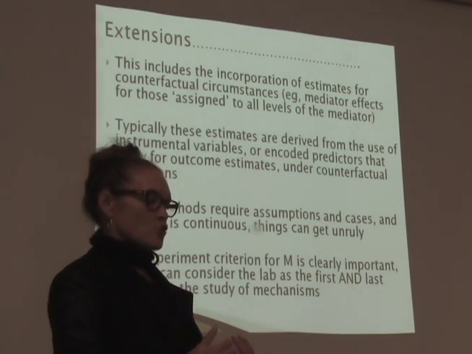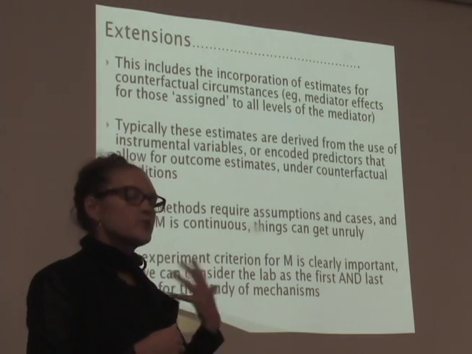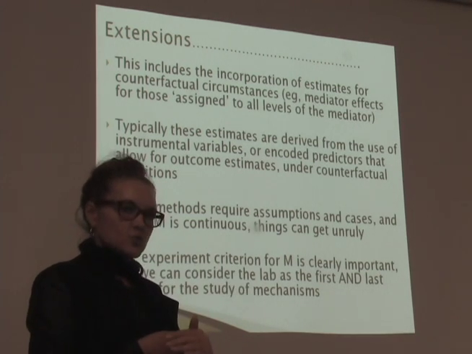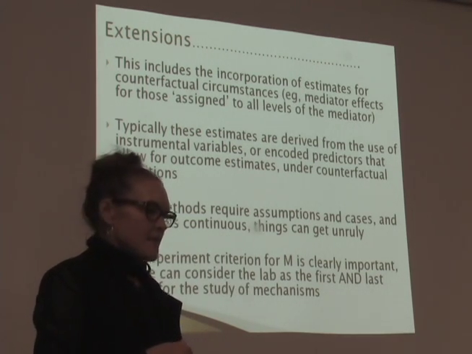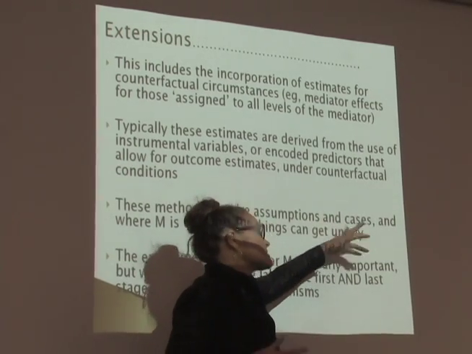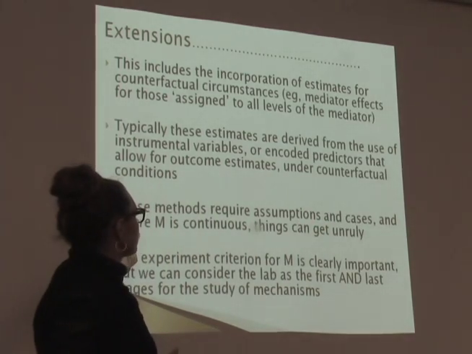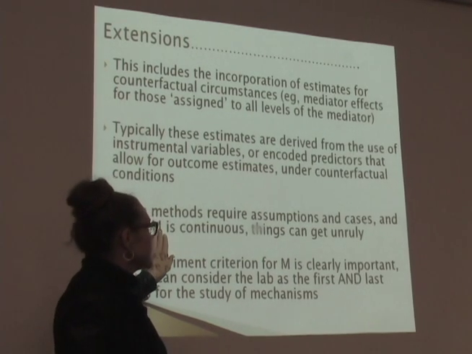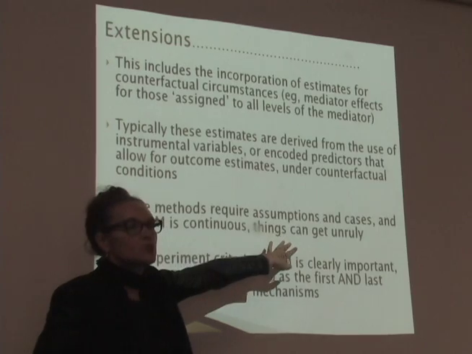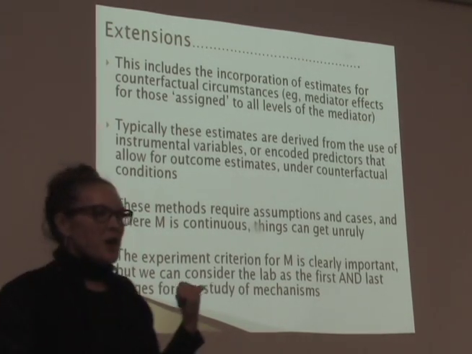Typically, these estimates are derived from what they call instrumental variables or encoded predictors that allow for outcome estimates under counterfactual circumstances. These methods require a lot of assumptions, and you have to have a huge sample to do this. And when M is continuous, your range of counterfactual circumstances can get quite unruly, right? That's really all I'm going to say about it.